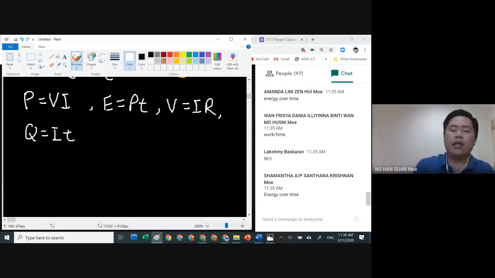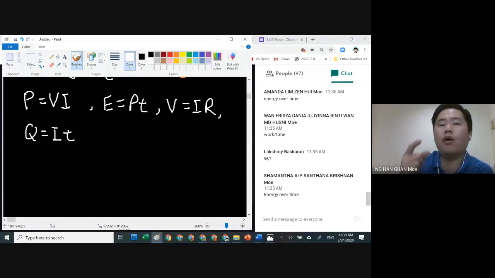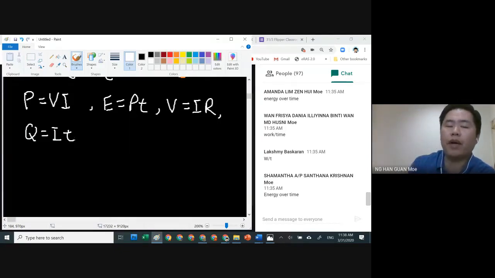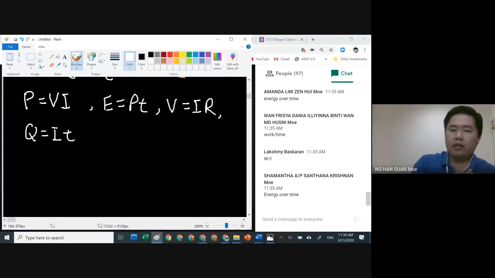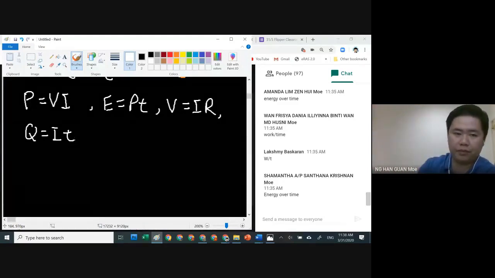Okay, so basically, if I'm not wrong, let me recall back. I think that is the only 4 formula will be provided in the exam for the chapter 2. Okay, for chapter 2. P equal to VI, E equal to PT, V equal to IR, Q equal to IT. And all this formula we can substitute into each other.